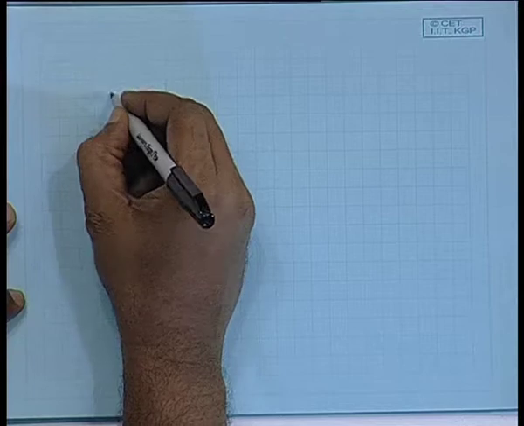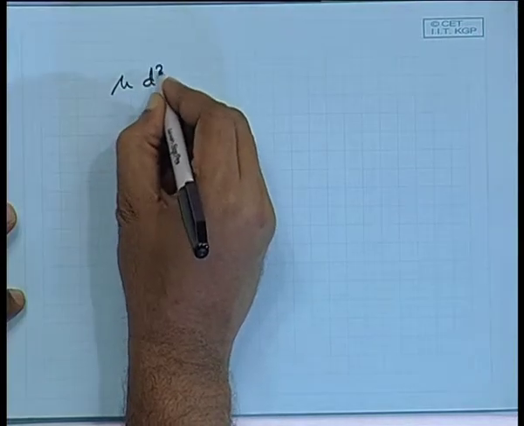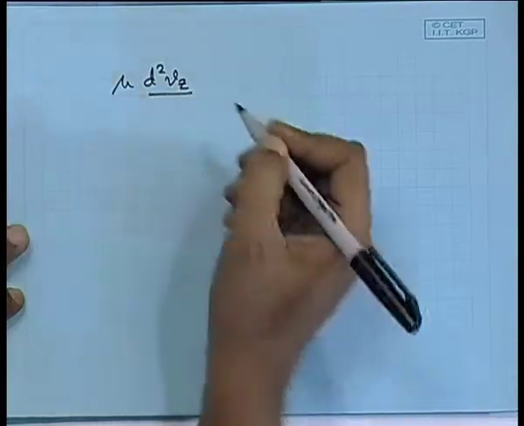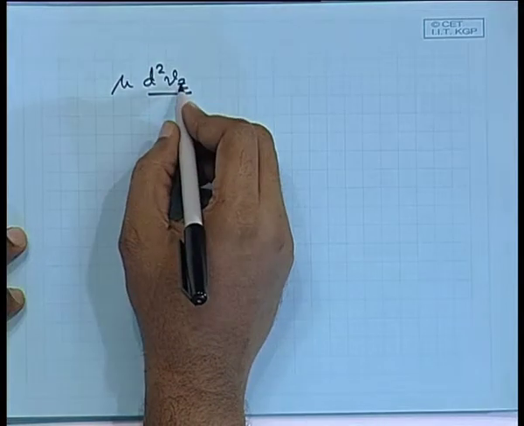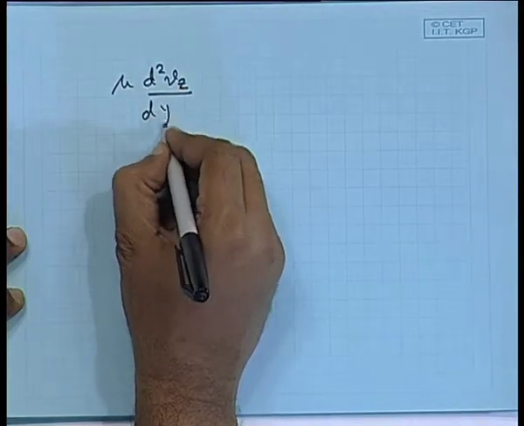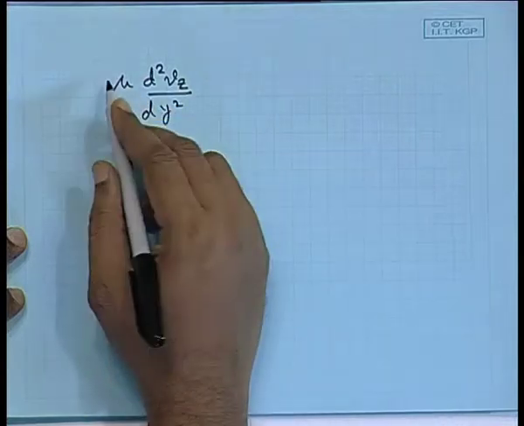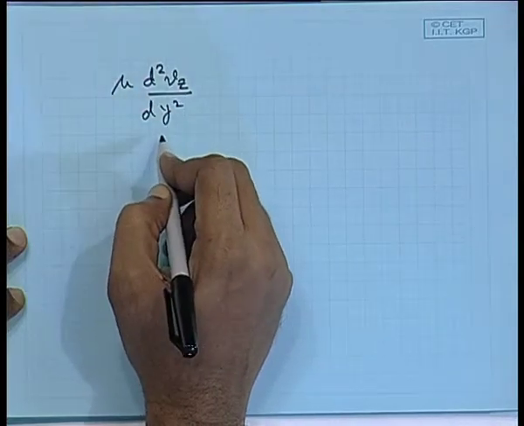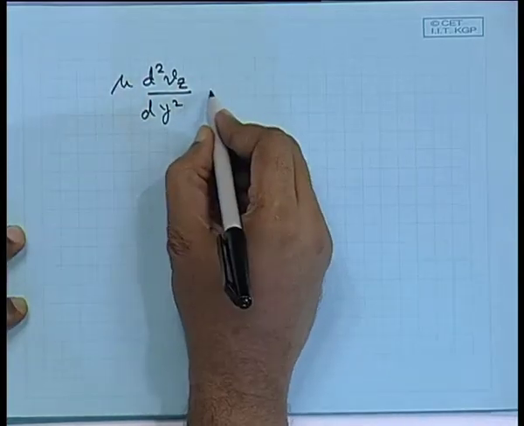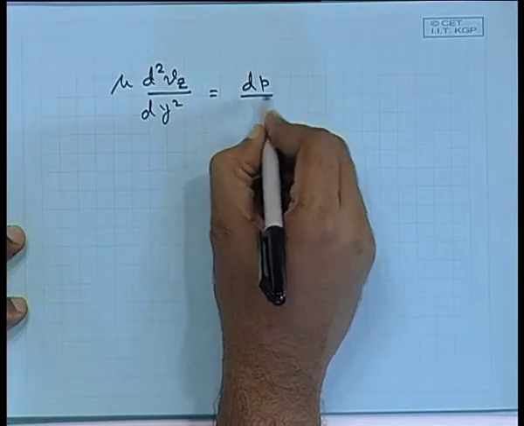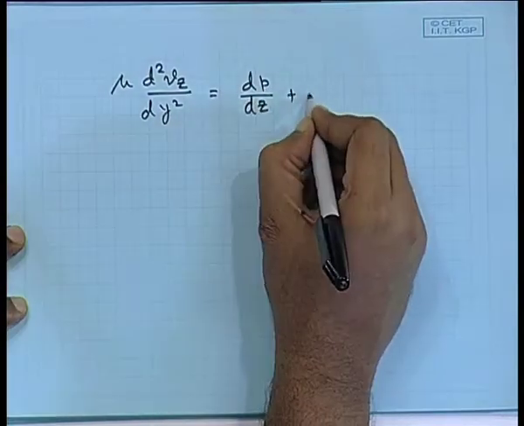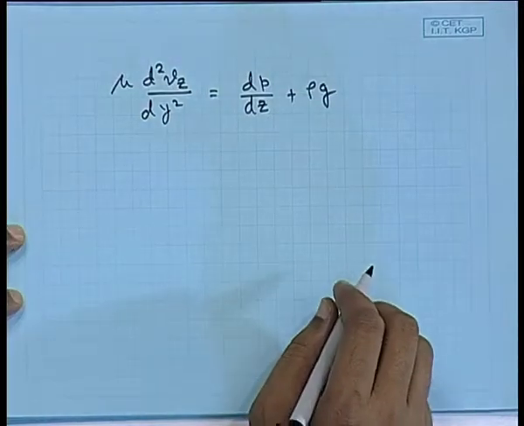Let's say I am going to write the Navier-Stokes equation in one dimension. So obviously the direction of importance is Vz, and Vz is a function of y. So the term that will remain is this. We are going to say this is dp/dz plus rho g. That's the form of the Navier-Stokes equation.